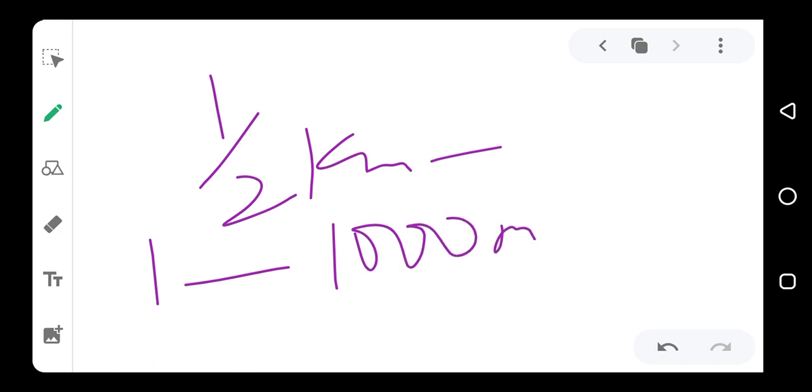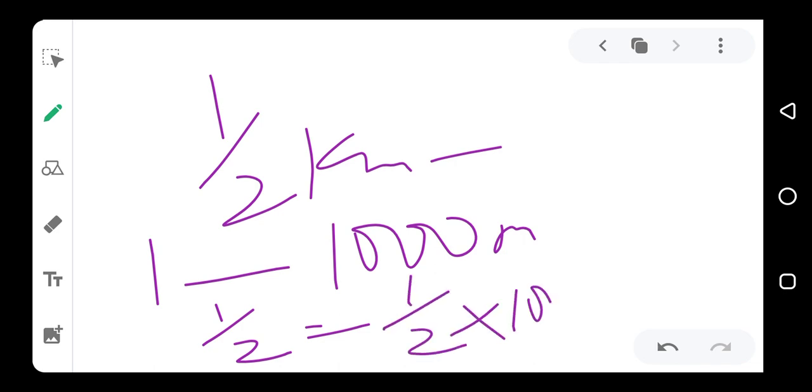Therefore, half kilometer is equal to 1 over 2 multiplied by 1000, like the one we solved before, which will give us 500 meters. Now you also see that the 15 minutes given to us there is just to confuse those who don't know that the question is all about converting the kilometer to meter.